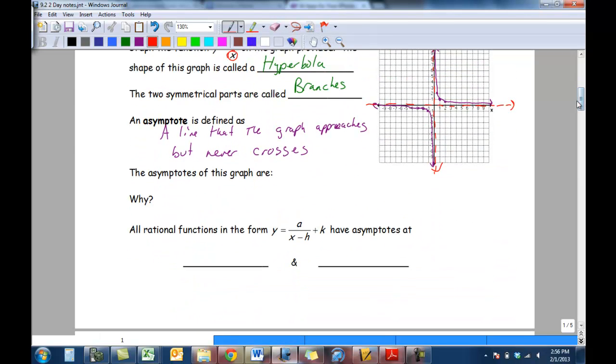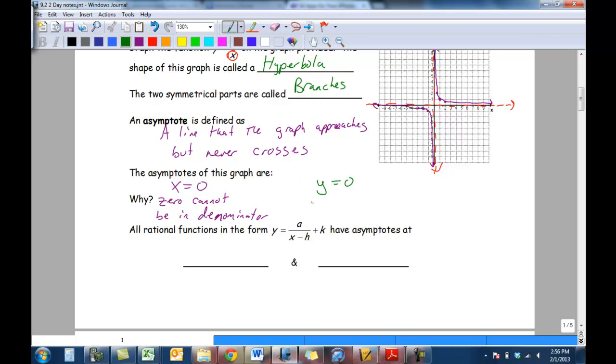Now, here's the thing. The asymptotes of this graph are, oh yeah, we forgot to talk about that. X is equal to 0. Why? Because 0 cannot be in the denominator. Then that's this asymptote. Then this horizontal one, this is y is equal to 0.